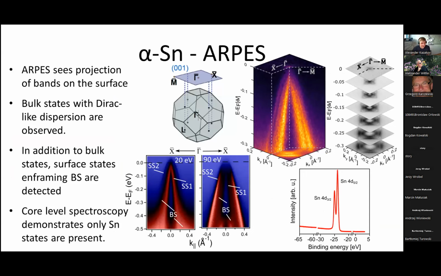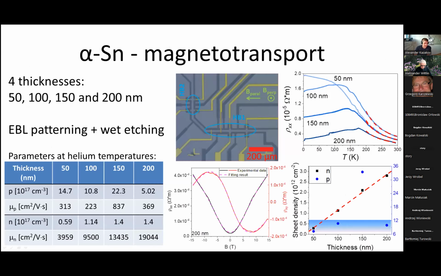These films were checked with ARPES, which showed very nice Dirac cones with the presence of several types of surface states. We also checked core level spectroscopy, which showed that only tin is present, so it does not have any other dopants.